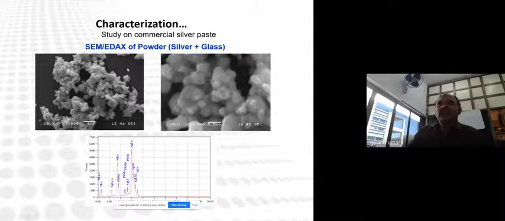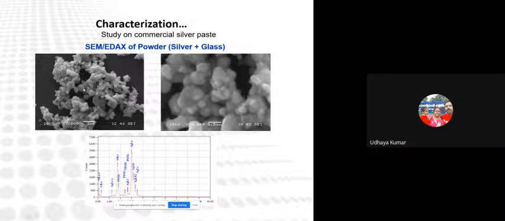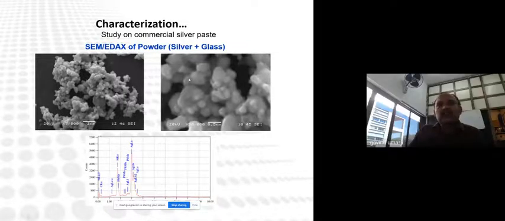We studied this by taking the example of a silver nanocomposite, and we reverse engineered it. We took a scanning electron microscope image, where we found that the particles are in the range of 100 to 200 nanometers, some in the range of 2 to 3 nanometers, and up to 300 nanometers.